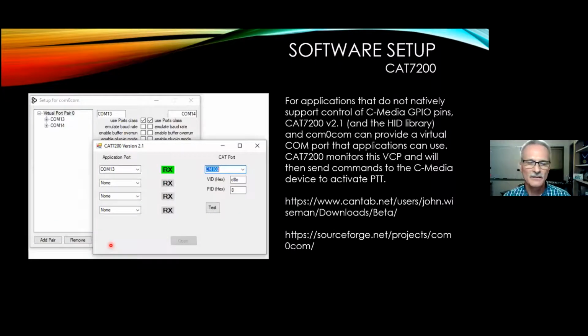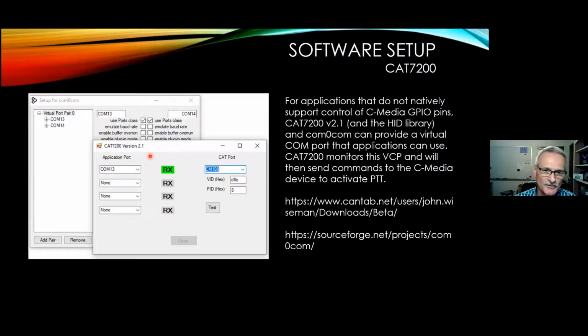Okay, I bring this up just because if you have software that doesn't recognize the C-Media device, there is still a way to get this to work. This program that John Weisman wrote, CAT 7200, is no longer named very well because it works for lots of different things.